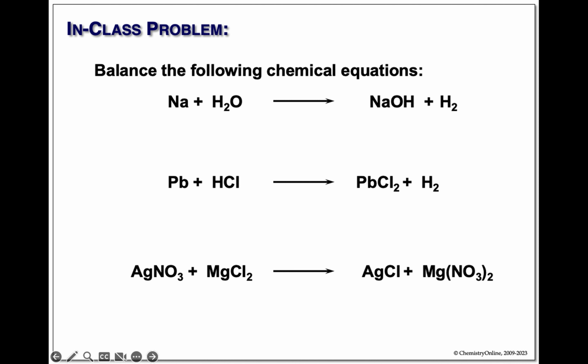We have 2 hydrogens in the first one. We have 3 on this side. Simplest way to fix that would be to put a 2 in here. Now that gives us 2 sodiums. We only have 1 on that side. So let's fix that.